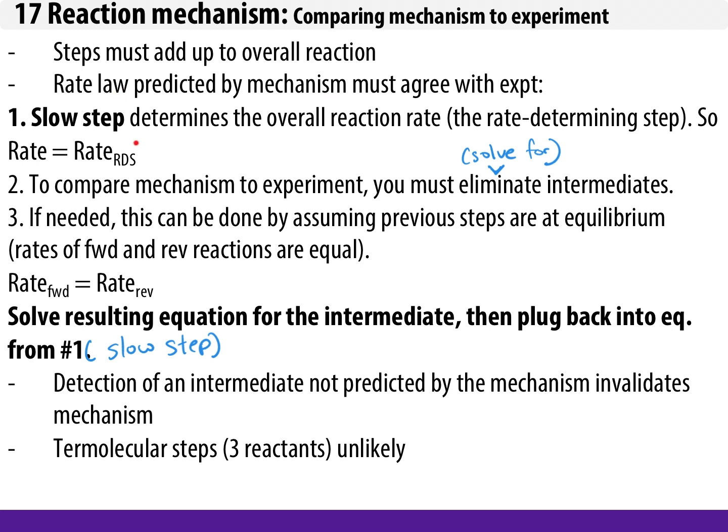So we always apply the same procedure. We always start with saying the rate of the slow step is equal to the rate of the overall reaction. Then if we have intermediates in the rate law, that's the case where those don't appear in the experimental rate law. So we have to solve for those intermediates using that fast equilibrium approximation, plug back in, and then we'll be able to make our comparison.